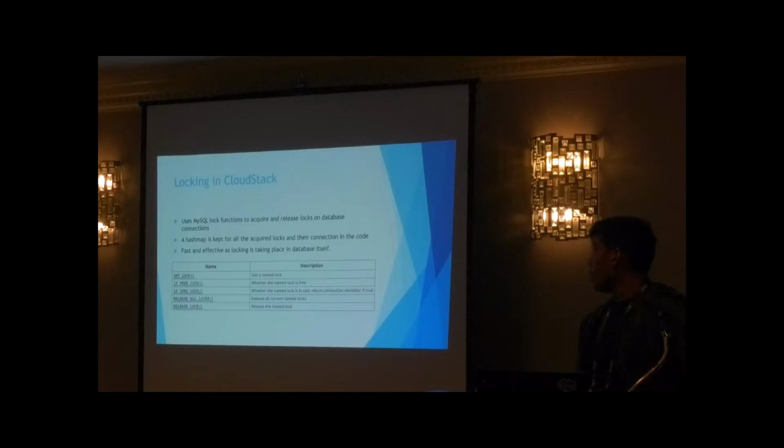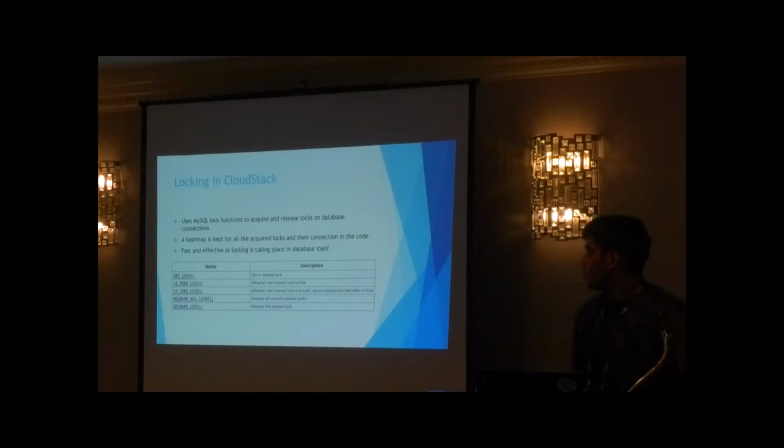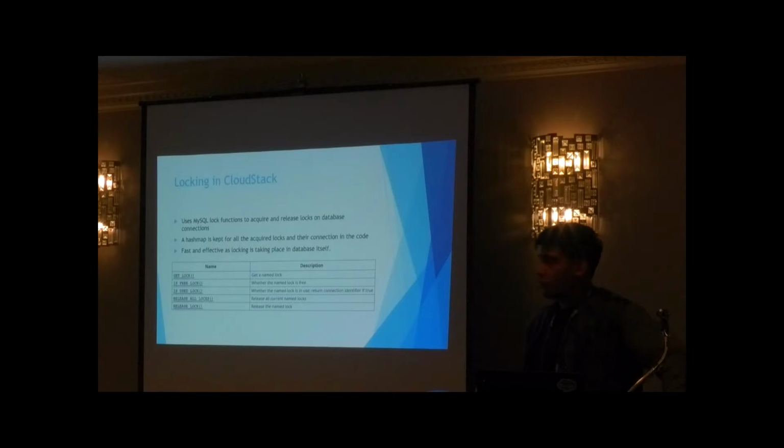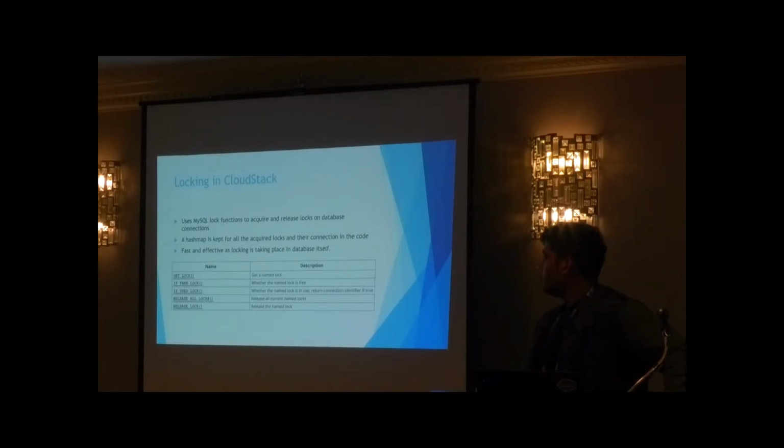Let's look into how the current implementation of locking works in CloudStack. Currently, CloudStack uses MySQL lock functions for locking the database, particularly the getLock function to acquire locks with particular names on particular records or tables. So basically, it's locking the database itself.